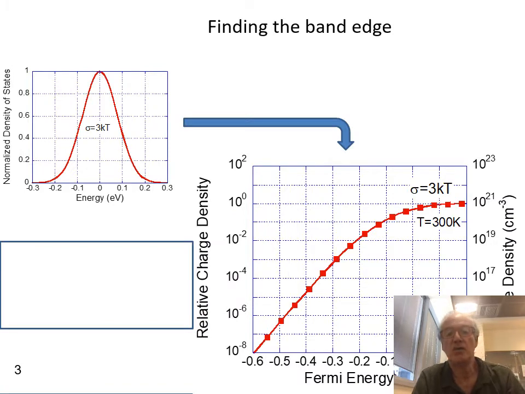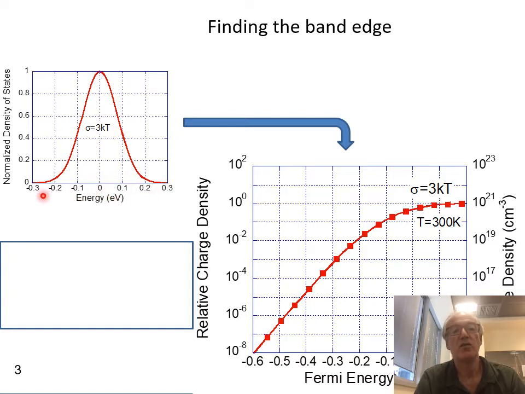So how are we going to tackle this? Basically, we ask ourselves, why are we looking for the band edge? Because if we have this Gaussian density of states, here the full width half maximum is 3 kT, which is around 75 milli electron volt.